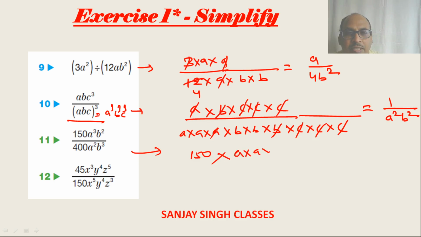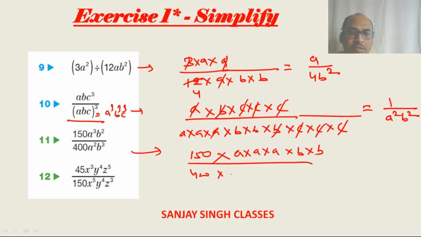We are simply cancelling into B by 400 into A into A into B into B into B. Okay. So A cube 2A will get cancelled. Now B square, here 2B has got cancelled.